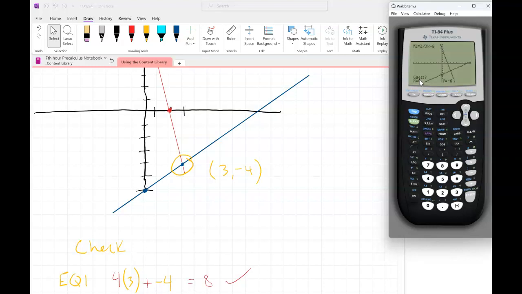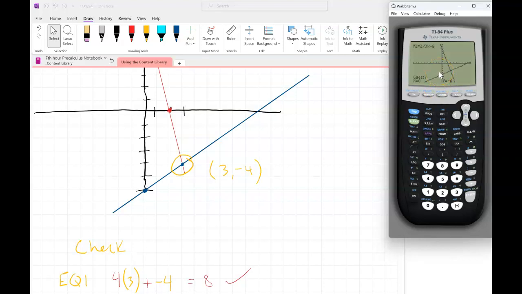But how many times are these two lines going to intersect? How many times can the two lines intersect? Just once, right? So the guess doesn't matter if there's only one intersection. It's the only thing it's going to find. If you had something that crossed a bunch of times, you'd want to make sure you were close to the intersection you're looking for, so you find the one that you want.